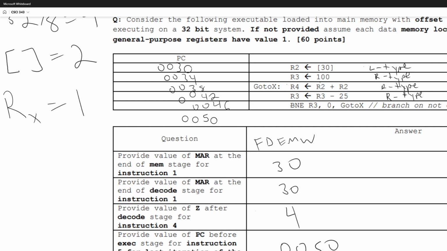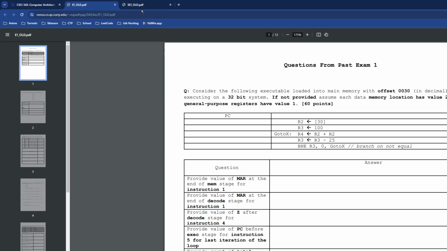Provide count of total executed instructions. Let's see. It says 0048. 48. Did I do the math wrong then? Yeah, for the answer key, 48. There's no shot it could be 48 though.